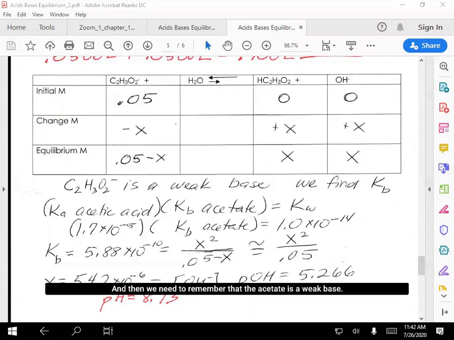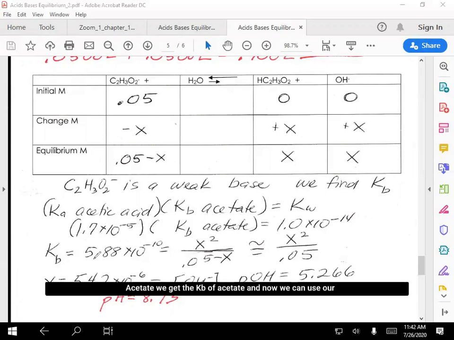And then we need to remember that the acetate is a weak base, so we need to use a Kb. We use the Ka of acetic acid times the Kb of acetate equals the Kw. We use the Ka value of acetic acid, so we can solve for the Kb of acetate.